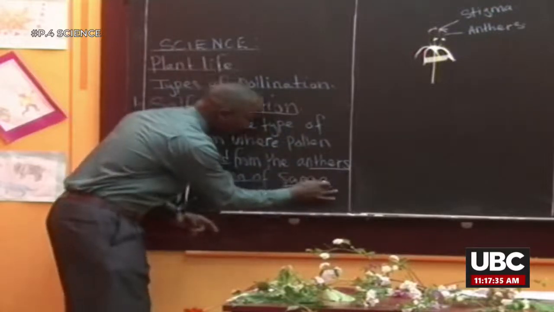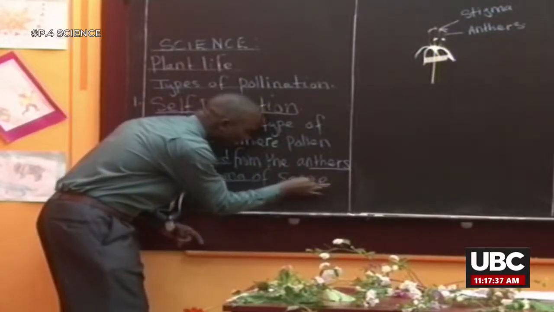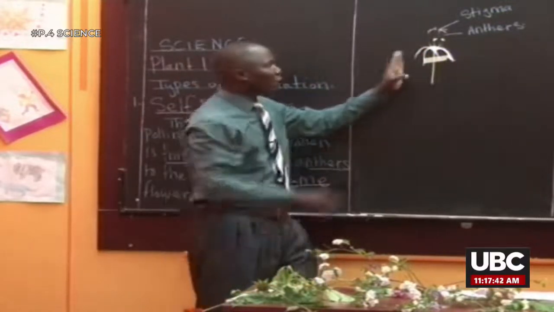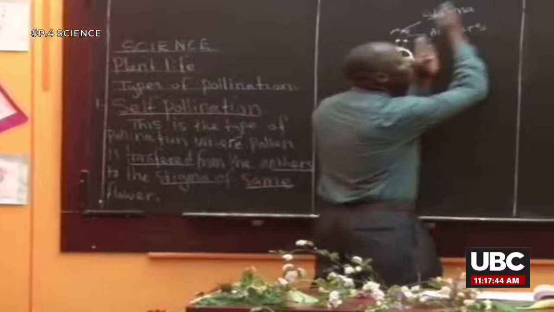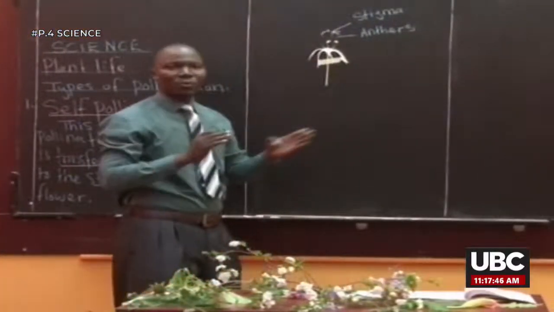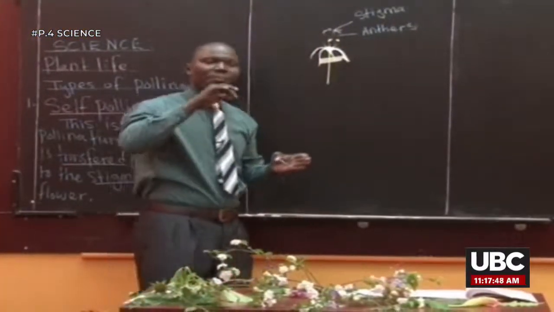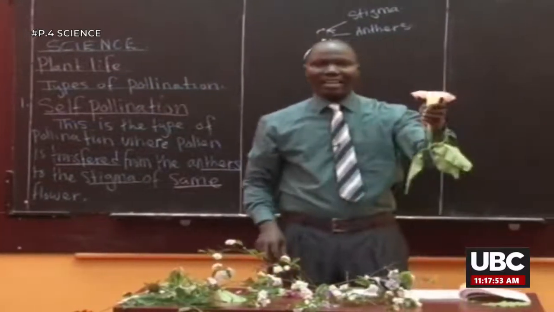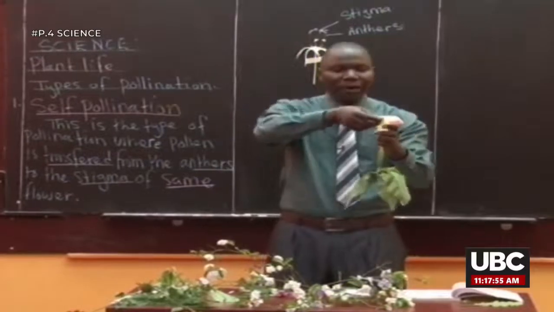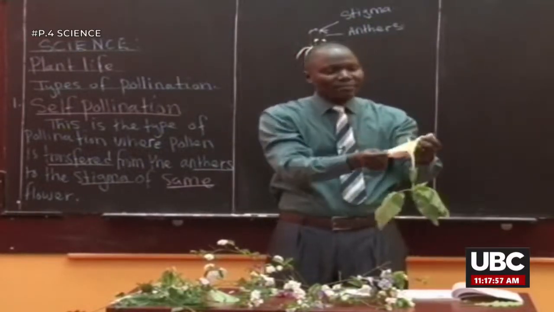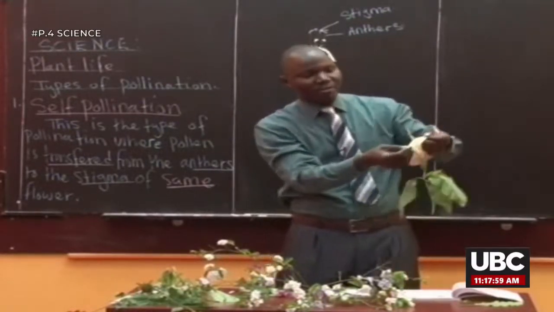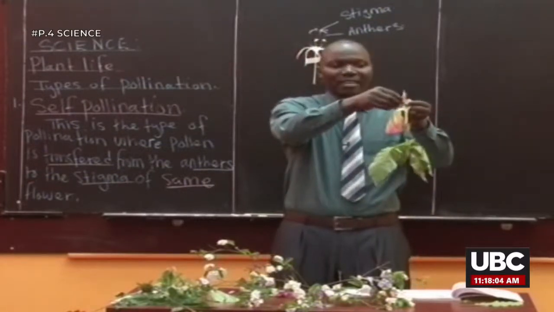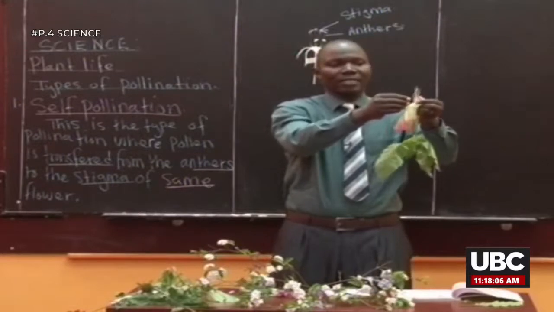I repeat, underline the word same. It has to be the same flower. Not from this flower to another flower. No. The same flower. If it is this flower, then the pollen is going to be transferred from the anthers here to the stigma.